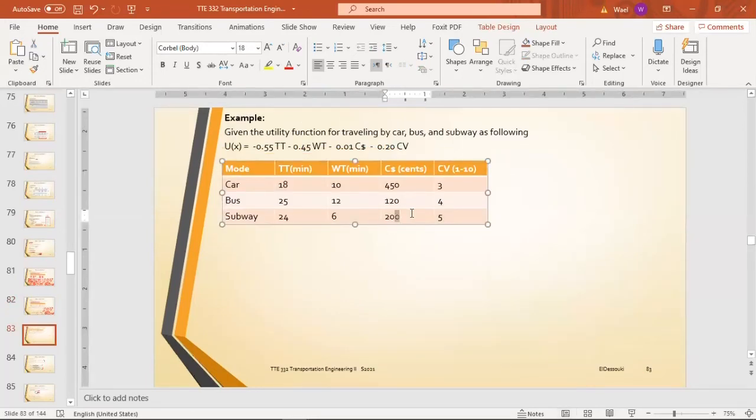Let's try first of all to change, instead of 200, we're going to have here, for example, 240.